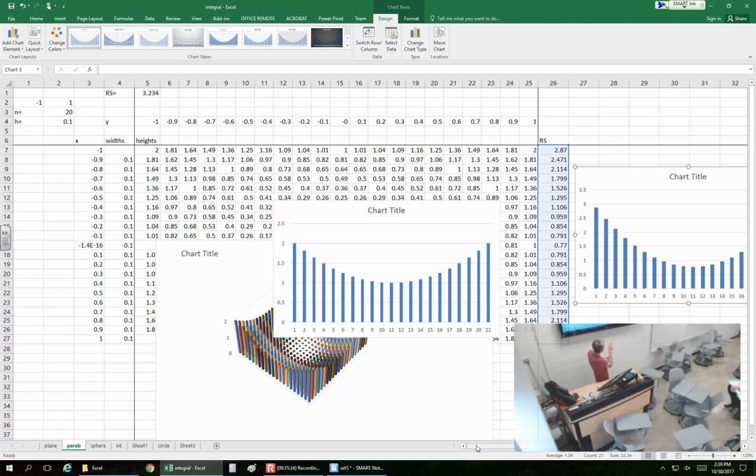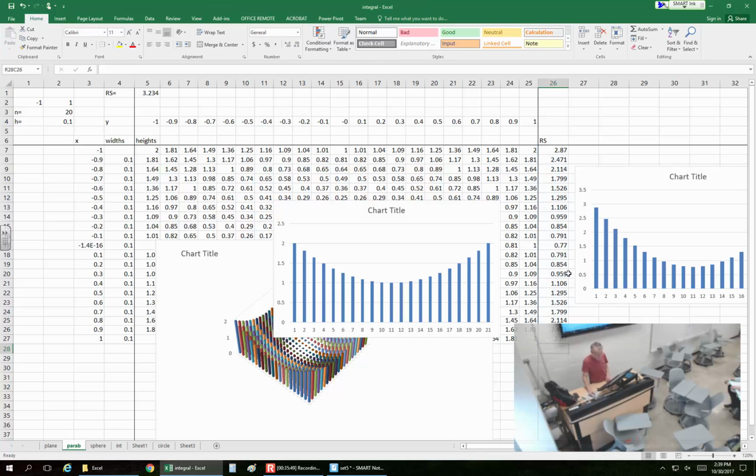Now, rather than looking at these bars, let's add them together appropriately with the width, and that's supposed to give me the integral. So I'm writing equal to the sum of all these values, multiplied, once again, by h.